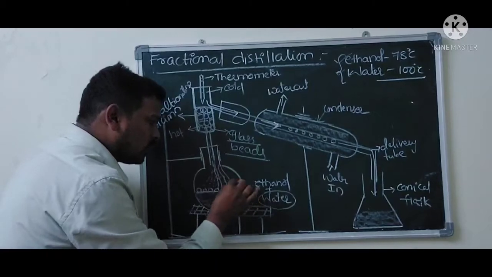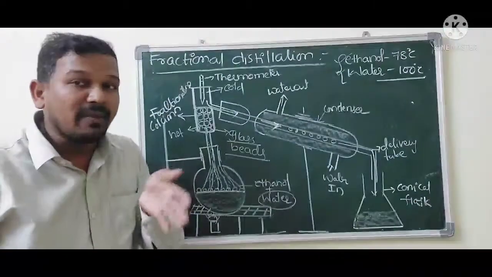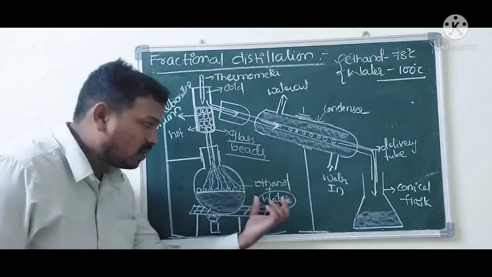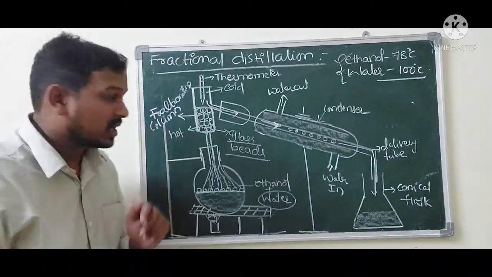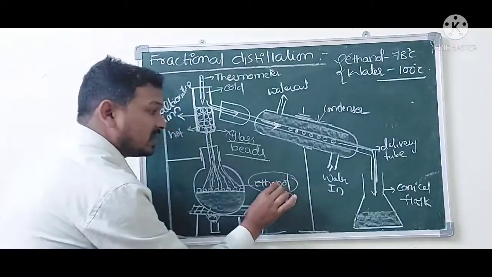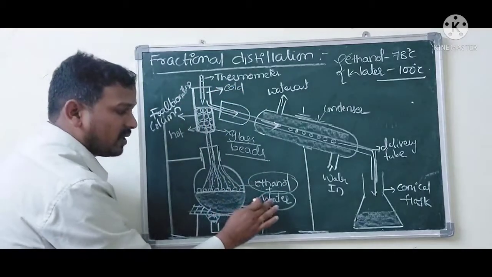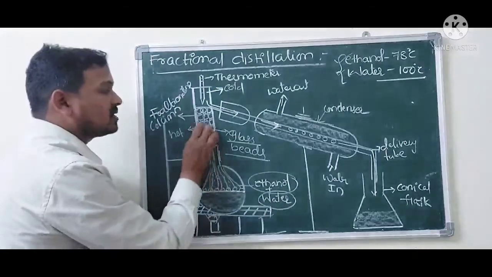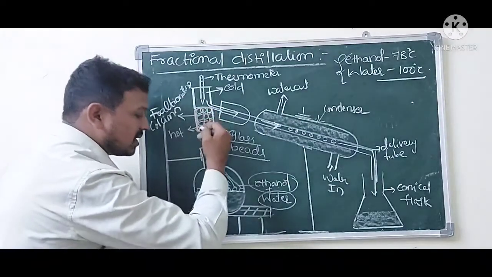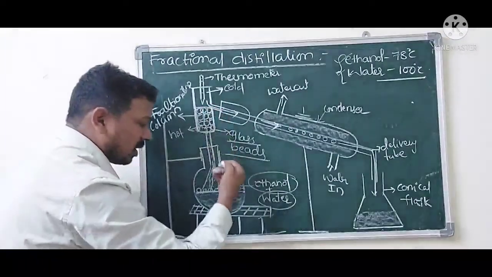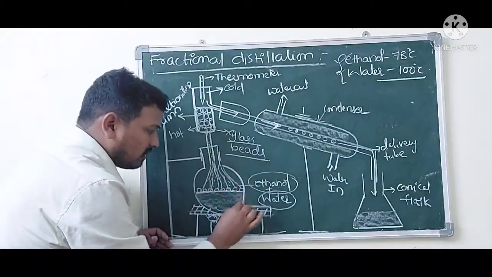But what I told you initially: the vapors with a high boiling point, meaning water has the high boiling point, will condense very fast compared to the ethanol. Ethanol tries to reach the top of the column, whereas water will hit these glass beads, lose its temperature, condense very fast and reach the bottom, the round bottom flask.